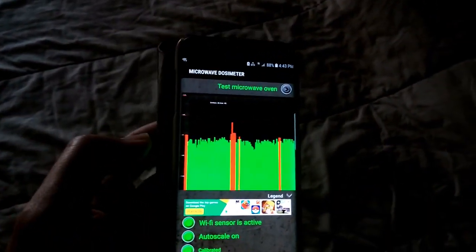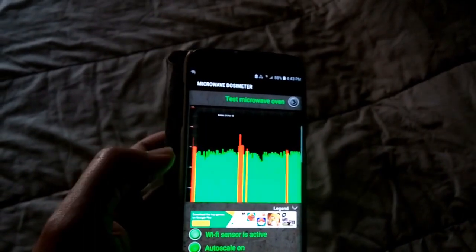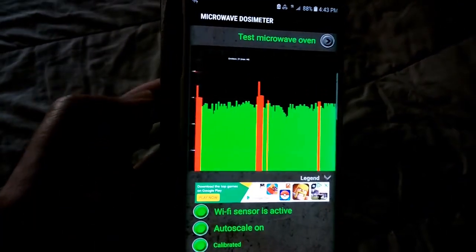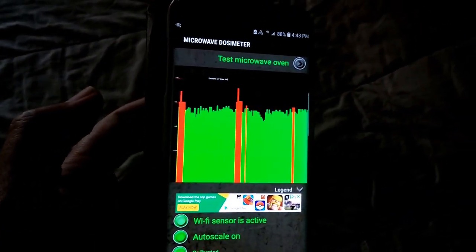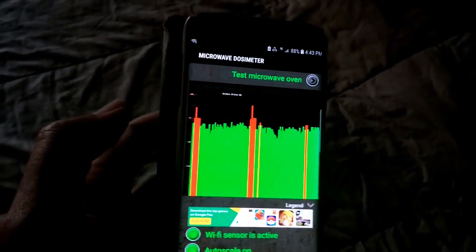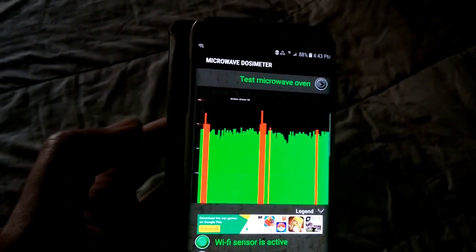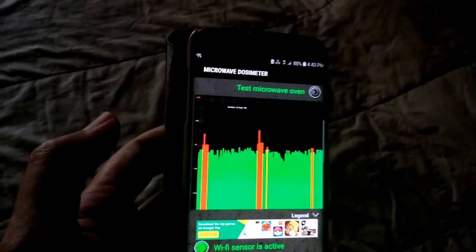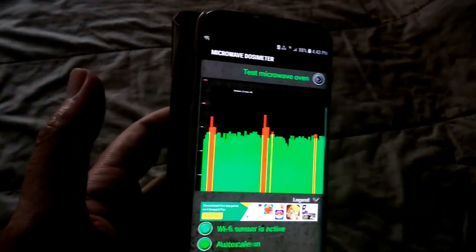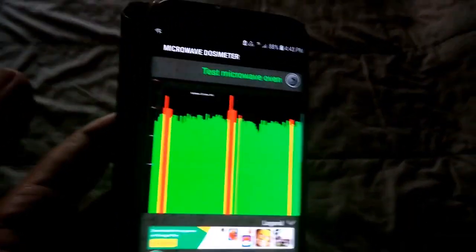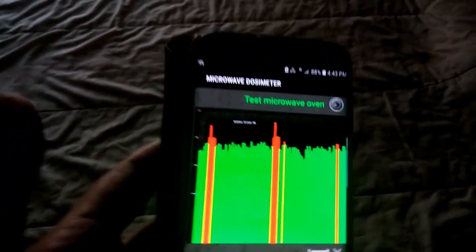But see, again, you see it still pulses and blips occasionally. It does spike up into the red. So it's not a constant bombardment like it used to be, but it's more subtle now. But I guess it's a slight improvement.